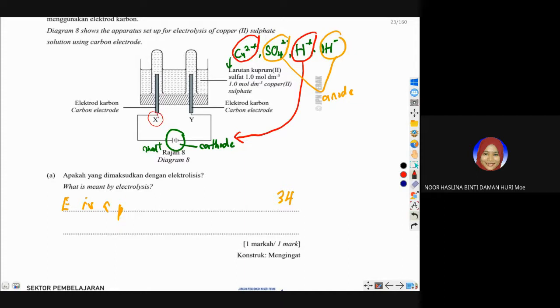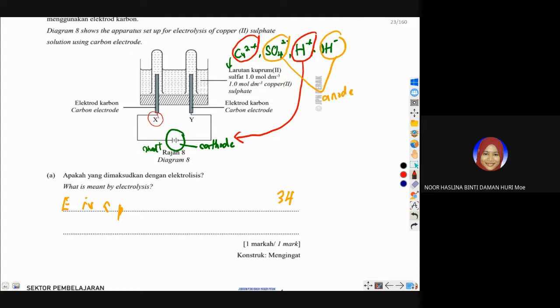Okay, which ion is attracted to the anode? Sulfate ion and hydroxide ion. Okay, we have sulfate ion and hydroxide ion, but only one ion will be chosen to discharge. Okay, so which one will be discharged? Remember, in any case it must be hydroxide ion, except if it concerns concentration. If it is concentration, look at the concentration of the halide solution.